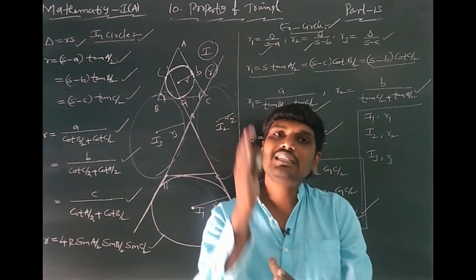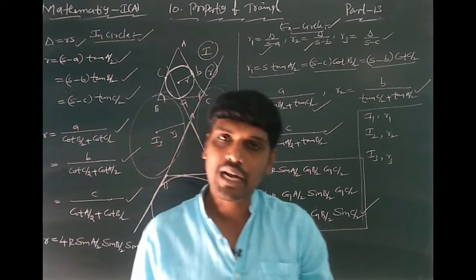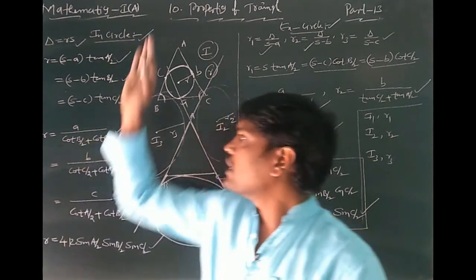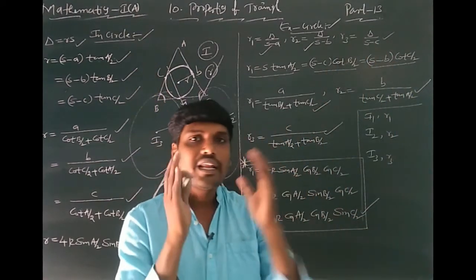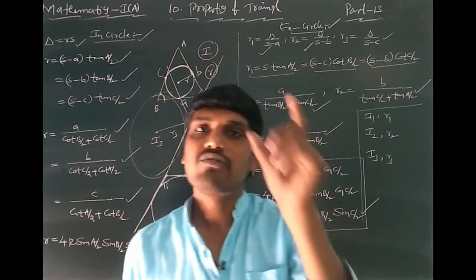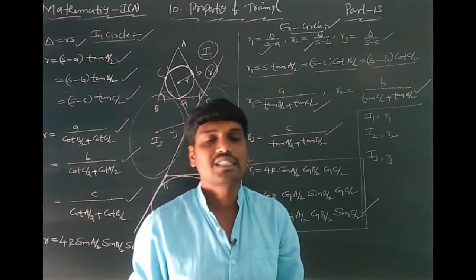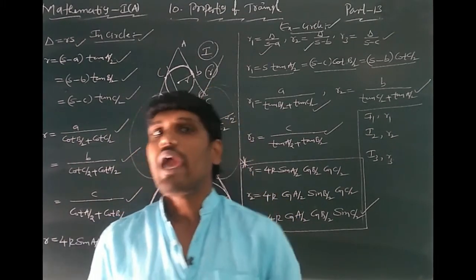You can easily understand exercise 10b, properties of triangle. First, you can read and write these incircle formulas and excircle formulas. Read and write five times, perfectly. You will easily understand exercise 10b model problems. See students, one more thing explained.